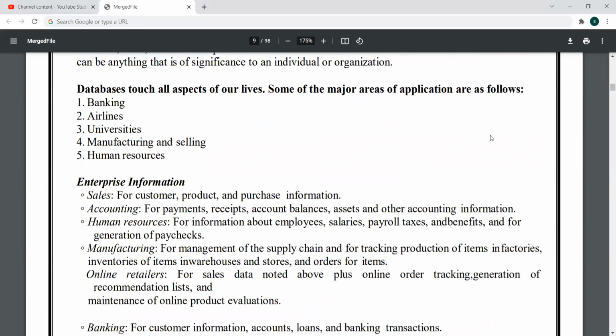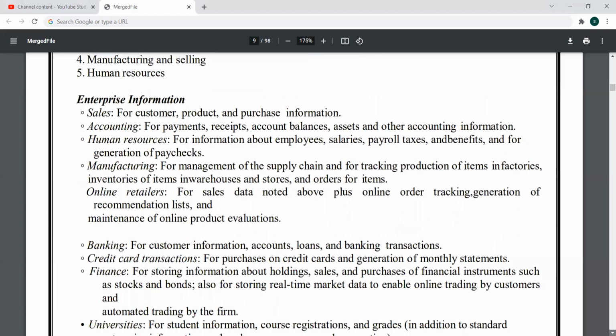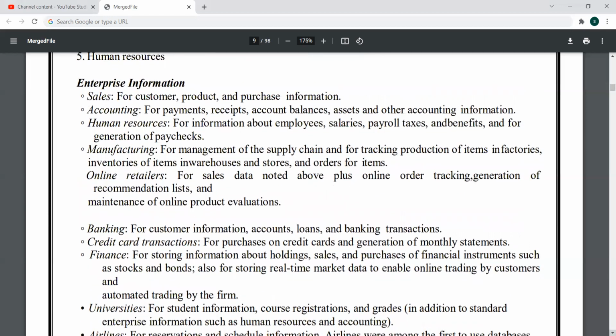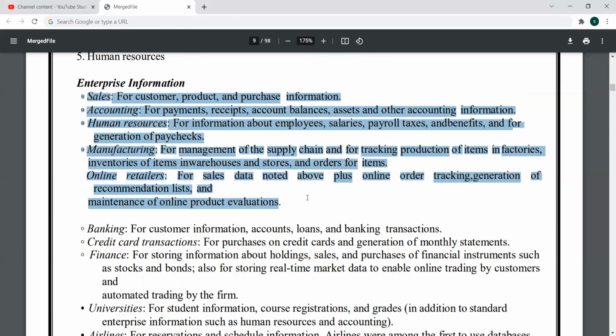Some of the major areas of DBMS applications are banking, airlines, universities, manufacturing, sales, and human resources. Sales: customer, product, and purchase information. Accounting: payments, receipts, account balances, assets, and other accounting information.